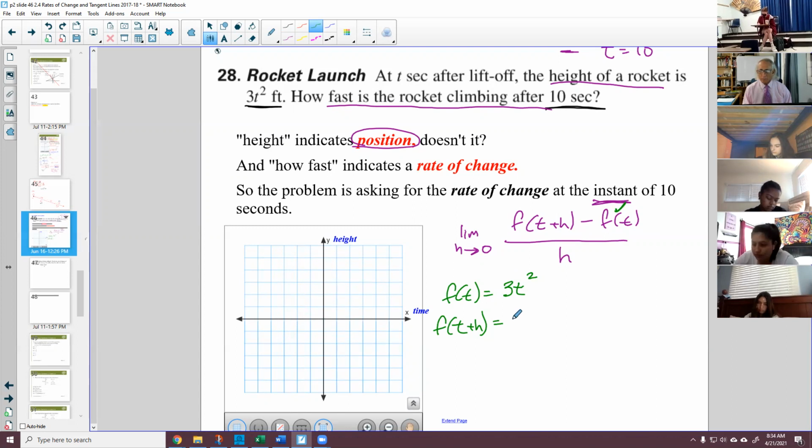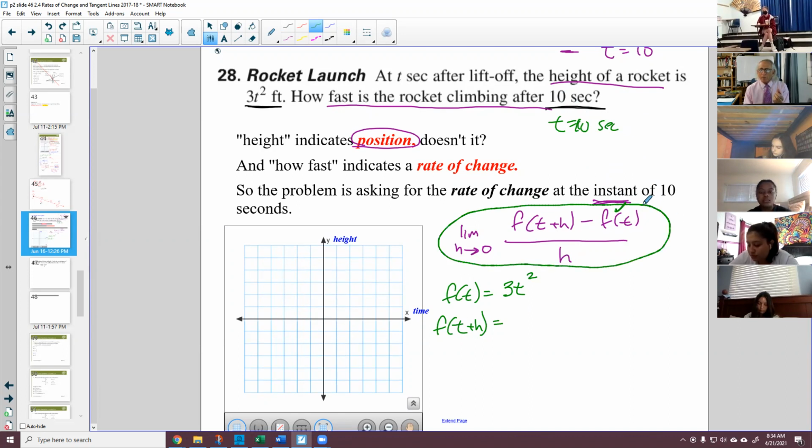Would it be 10 plus 3t squared? I can understand why you would say that, because we're looking at t equals 10 seconds. But before we can put this into our calculations, we have to find the formula for the instantaneous rate of change.